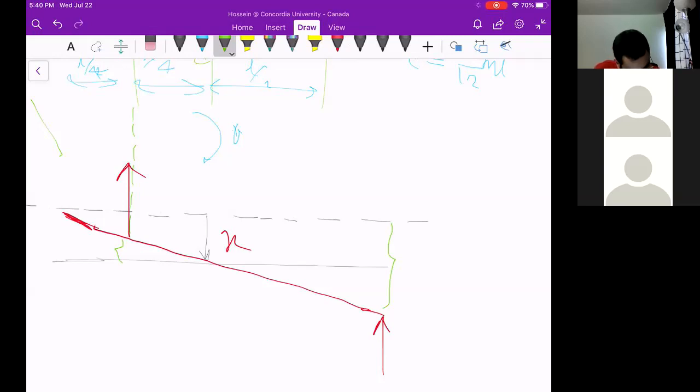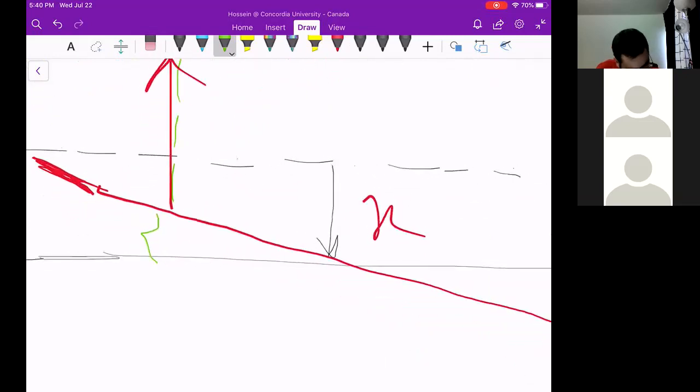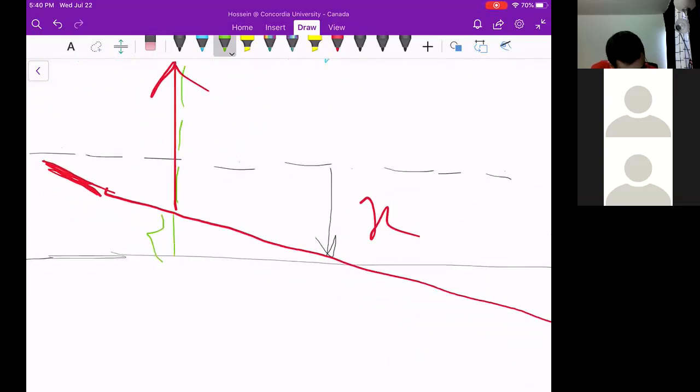If I magnify this length, this is theta, right? So this is going to be L over 4 multiplied by theta, because this length is L over 4.